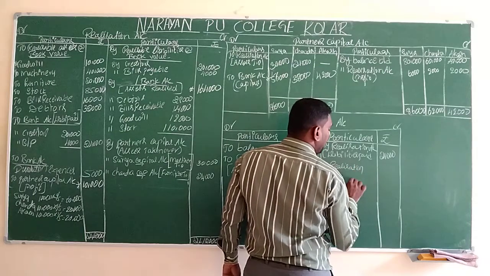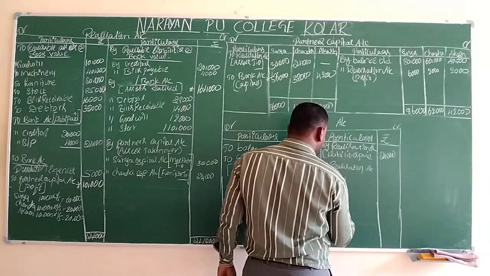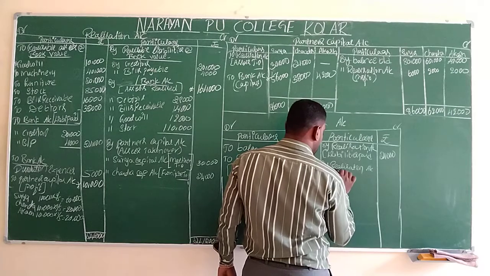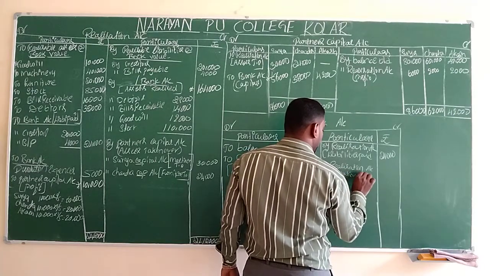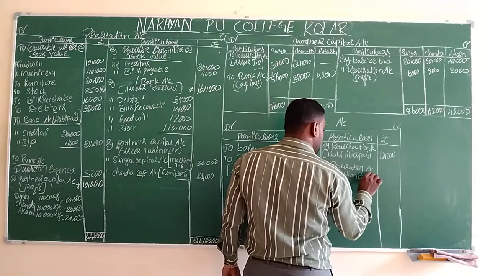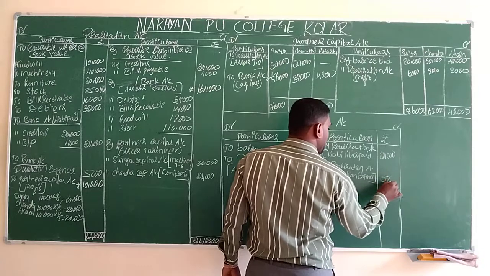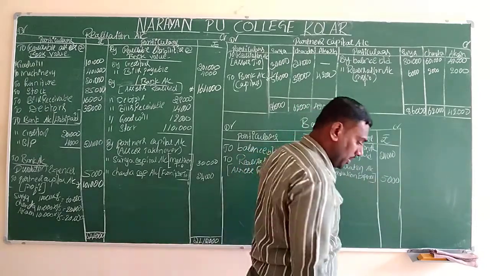This value will be carried forward from realization account. We have to write in the bracket dissolution expenses. The value is 5,000.